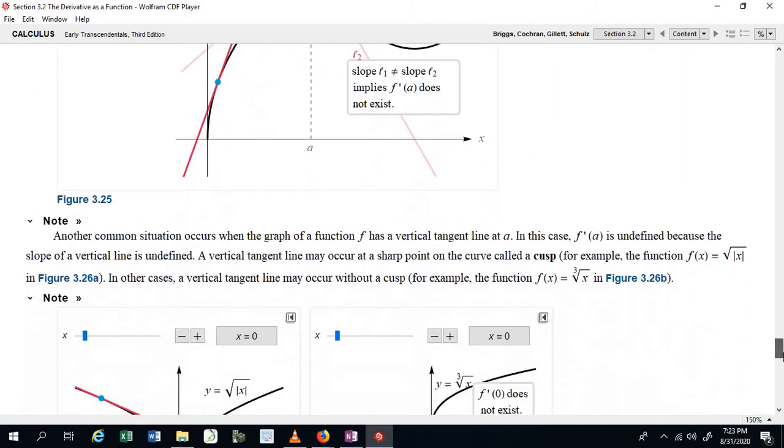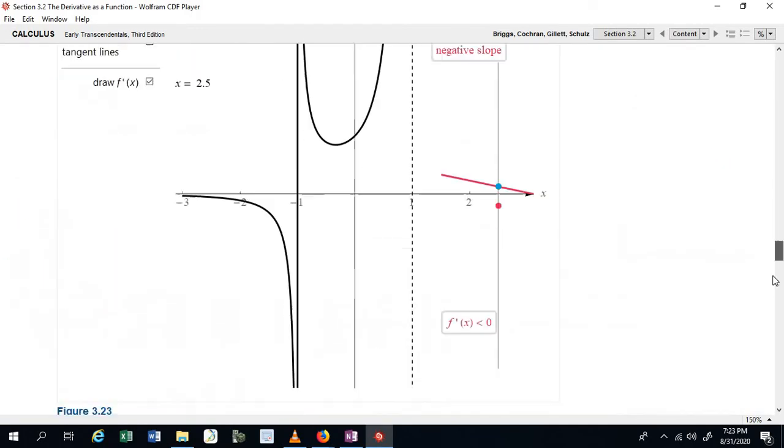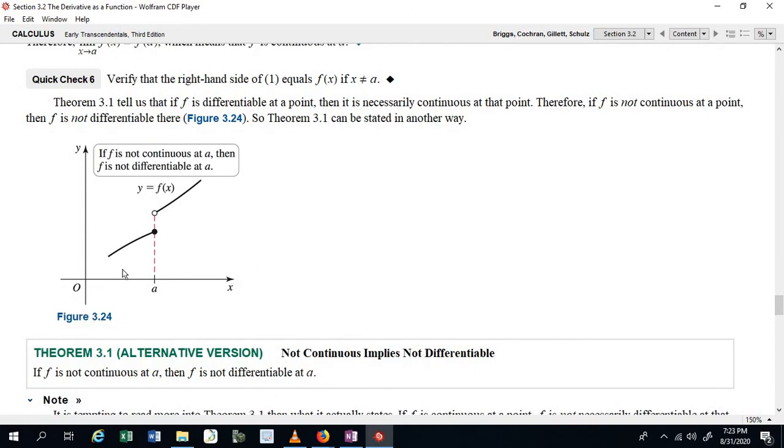And I'll give you a good example of this. Here's a function that's not continuous at a. You can see it's not continuous at a because you have to lift up your pencil to draw the graph of the function at a. So it's certainly not continuous at a, but why is it not differentiable at a? In order for it to be differentiable at a, the limit has to exist as x approaches a from both sides.